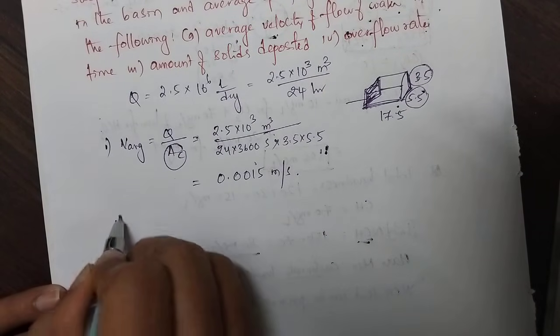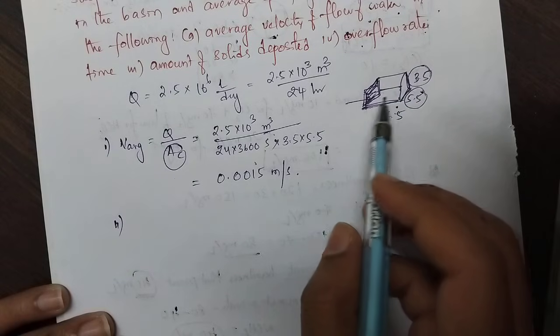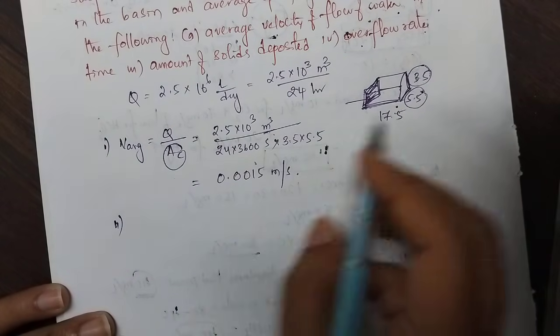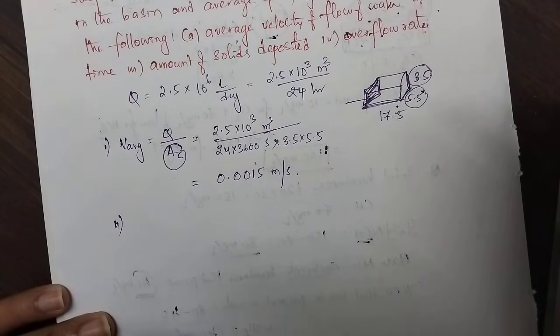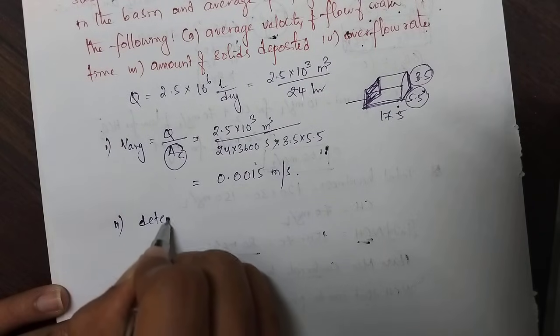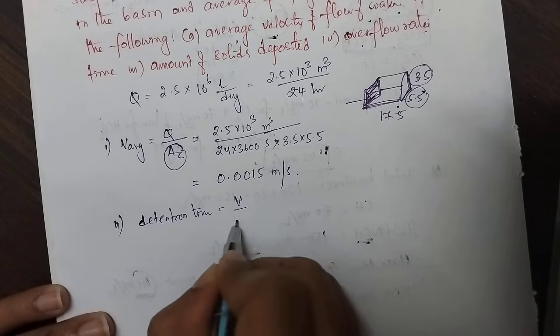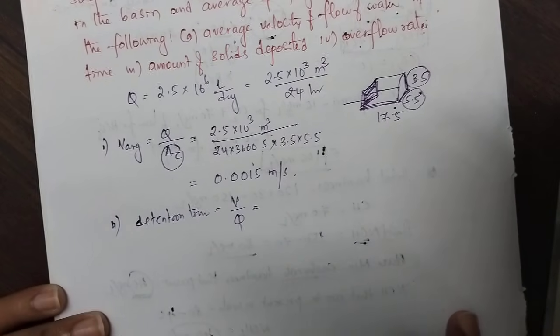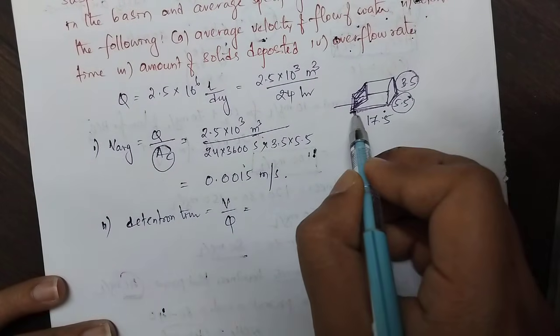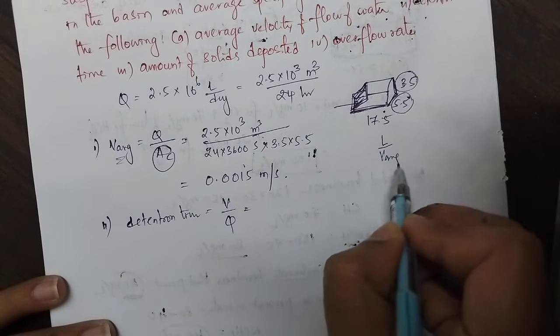The next question, detention time. Detention means how much time a sample of water stays in the tank. It is basically volume of the tank divided by volumetric flow rate. You can also say it is length of the tank by the average velocity.